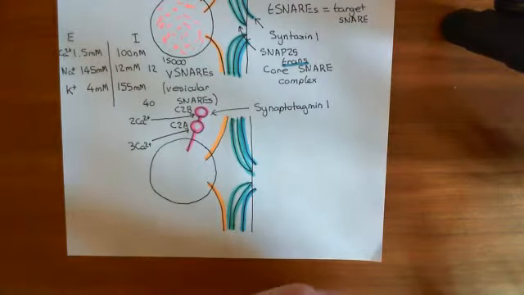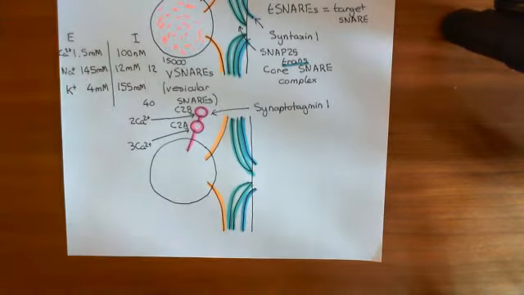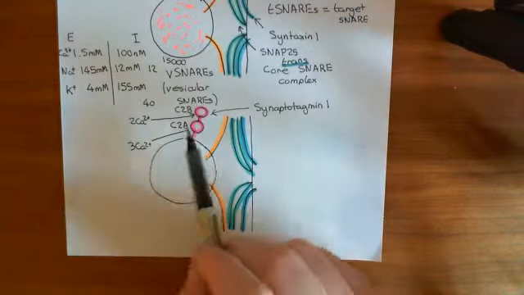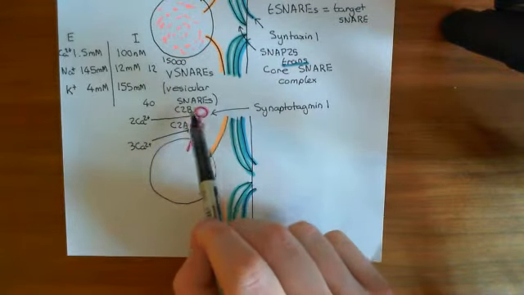When the calcium binds to these C2a and C2b domains of the Synaptotagmin 1 protein, it doesn't cause a conformational change in the domains. Instead, all it changes is the electrical potential of the C2a and the C2b domain.